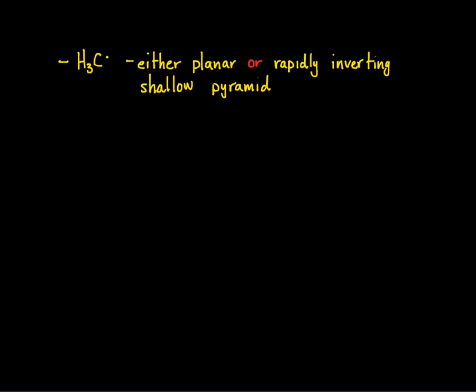And that's okay. I mean, not everything is known about chemistry. If it was, it'd be a pretty boring subject to learn. So for simplicity, we're going to assume that it's sp2 planar, trigonal planar in geometry, and therefore it has a very similar structure to that of the methyl cation, where you have a hydrogen that's in the plane, a hydrogen that's coming out, and a hydrogen that's going back.